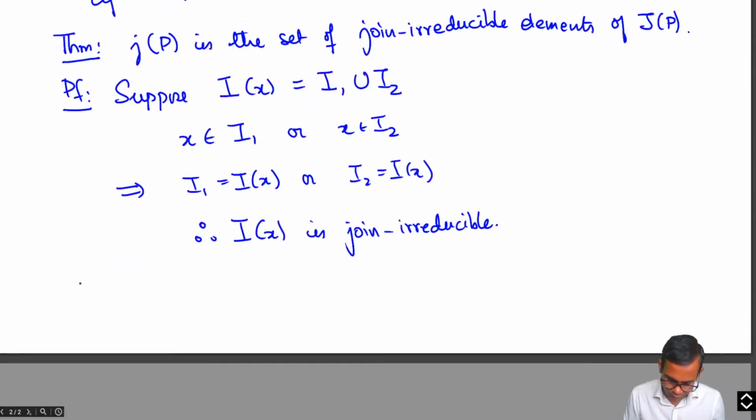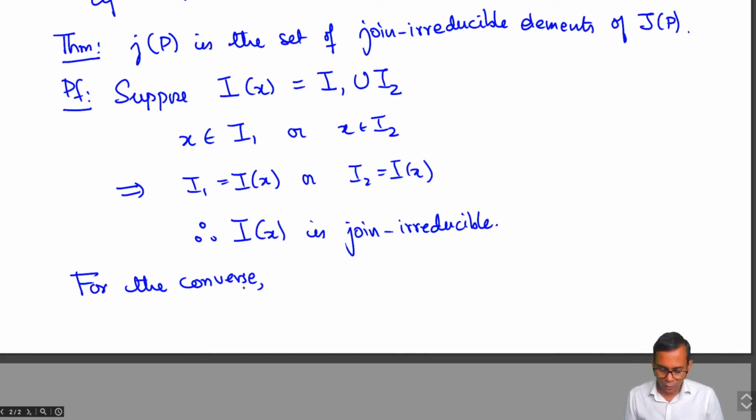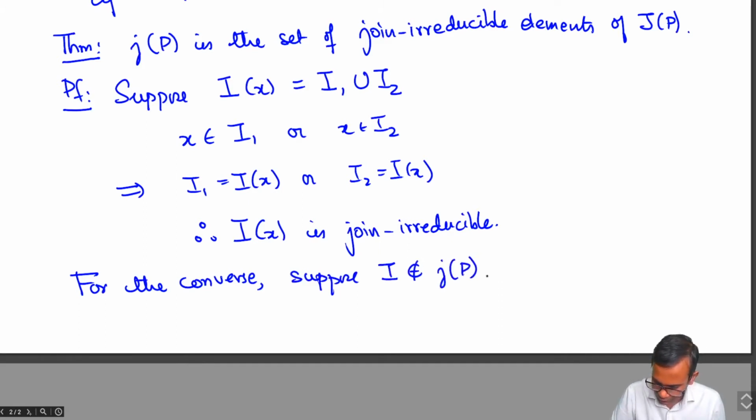For the converse, let's suppose that I is not a principal ideal. So it does not belong to J(P), i.e. it's not a principal ideal.